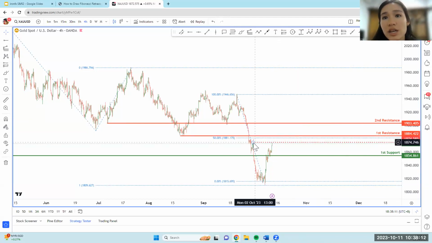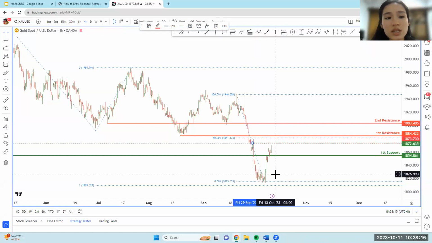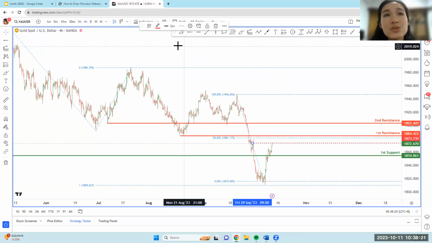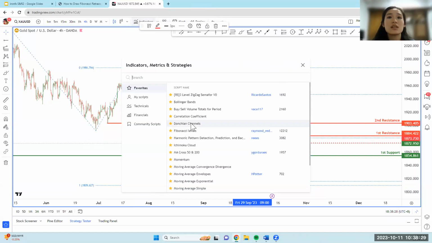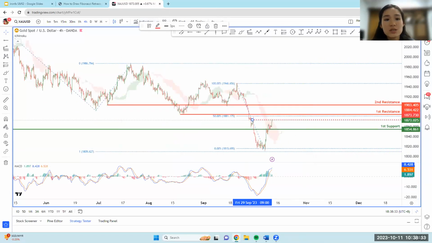Okay, and we typically will trade according to the trend. So here we see that price is moving upwards. So we're likely to expect it to move upwards to our first resistance once price actually breaks out of this intermediate level. Okay, so let's pull out some levels to support this.